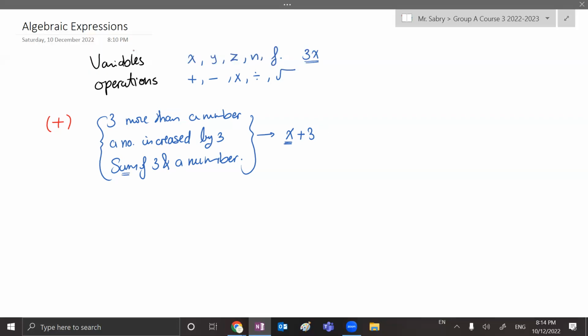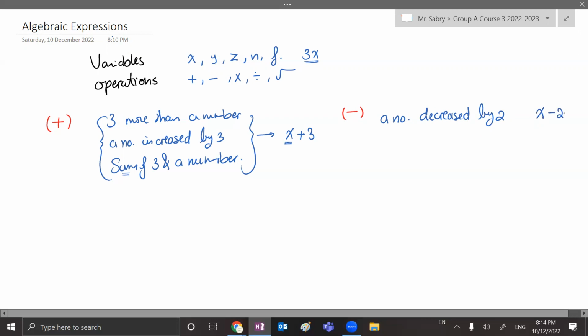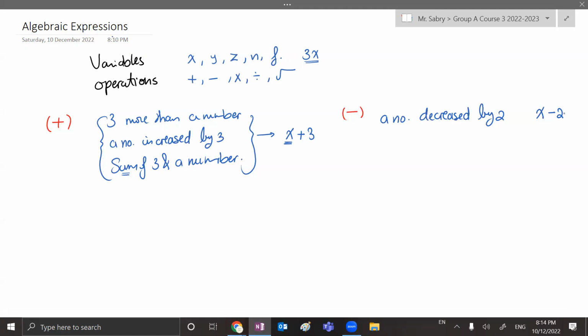There are other words that are used for subtraction though. So I can use things like a number decreased by 2. A number decreased by 2 is just x and then minus 2. It can't be 2 minus x, because the number is what was decreased by 2, not the 2 decreased by a number.